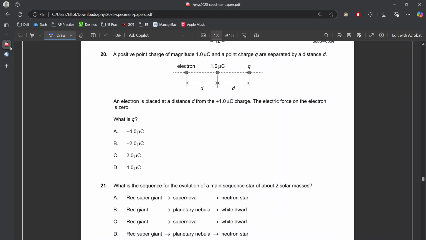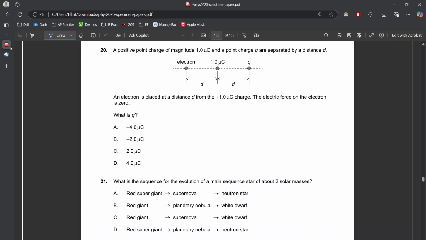Let's move forward. Okay, a positive point charge of magnitude 1 microcoulomb and a point charge of Q are separated by distance D. An electron is placed at a distance from the 1 microcoulomb charge. The electric force on the electron is 0. What is Q? Okay, so F net is equal to 0, which is equal to F positive plus FQ.